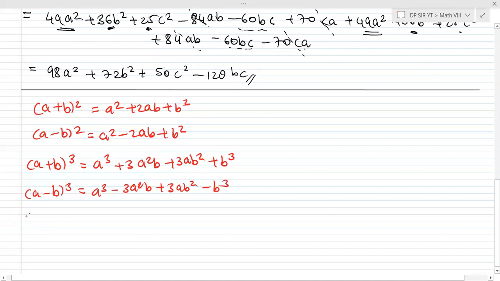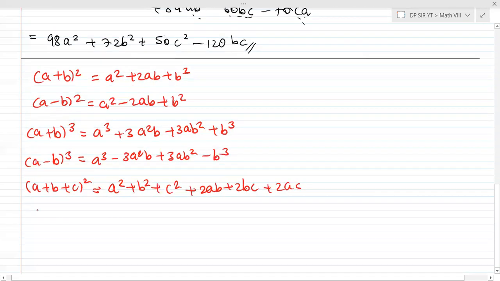Then a plus b plus c the whole square is equal to a square plus b square plus c square plus 2ab plus 2bc plus 2ca.